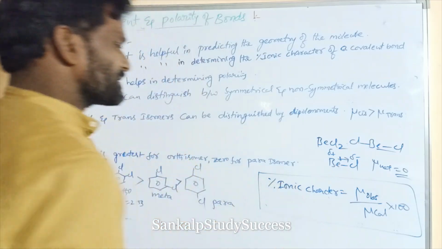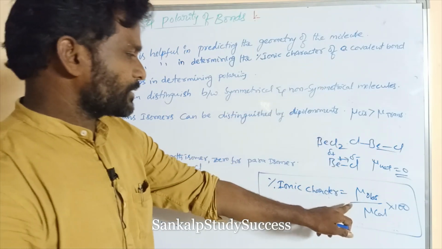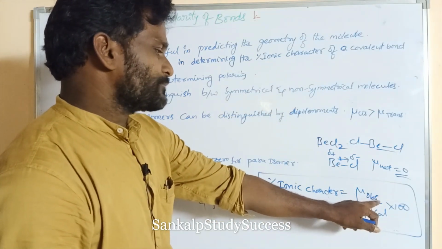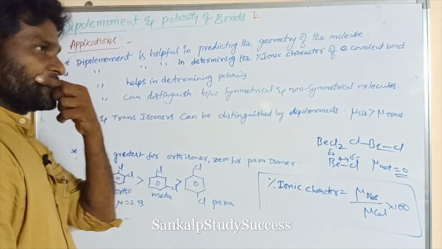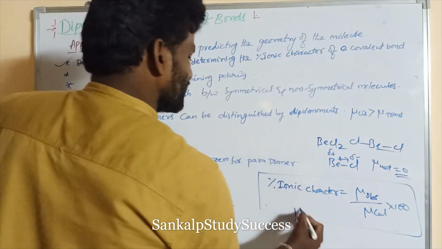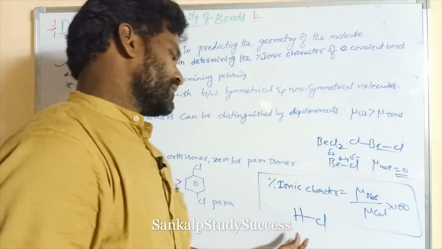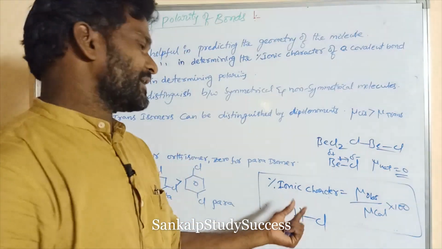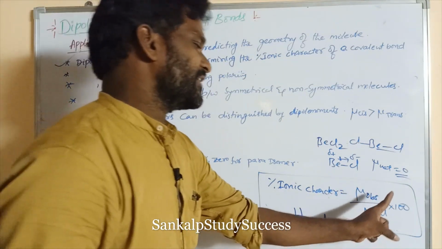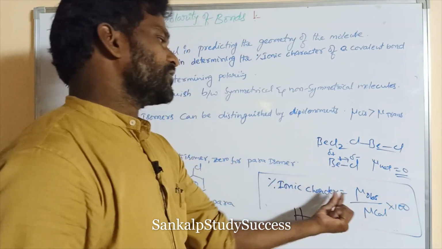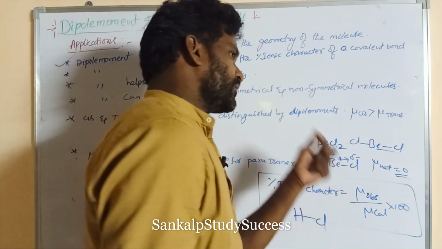For example, HCl is a polar covalent bond, but it has some ionic character. How much ionic character is present in this covalent bond is equal to mu observed by mu calculated into 100, where mu observed means the observed dipole moment and mu calculated means the calculated dipole moment.